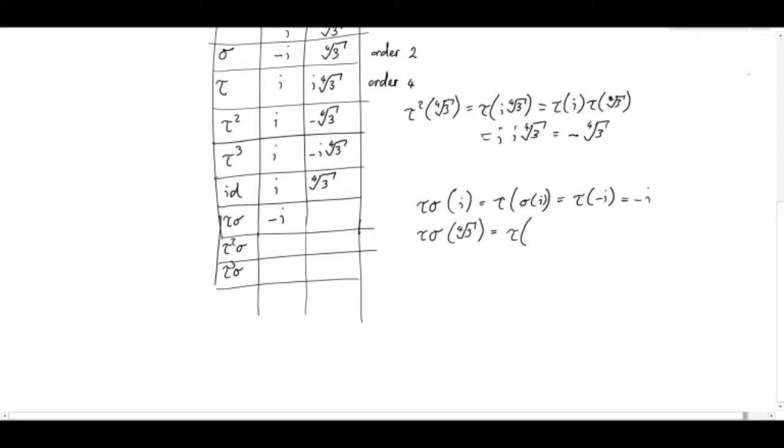Well, sigma maps the fourth root of 3 to itself, and tau maps the fourth root of 3 to i times the fourth root of 3. And as an exercise, you can show that tau squared sigma acts by sending i to minus i, and the fourth root of 3 to minus the fourth root of 3. Tau cubed sigma acts by sending the fourth root of 3 to minus i times the fourth root of 3.